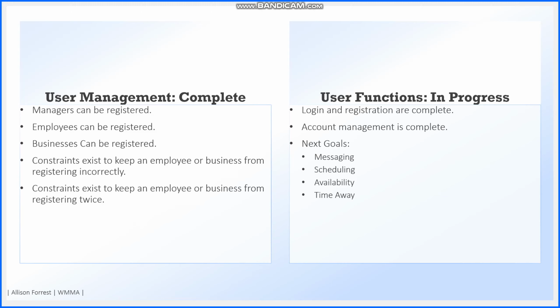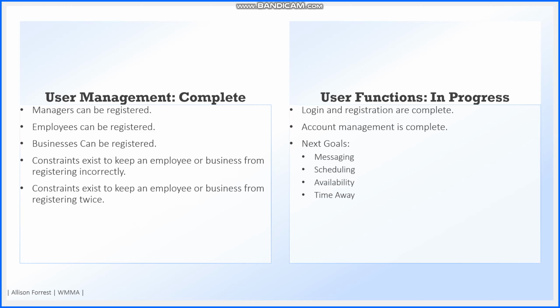Managers are registering both themselves and their business through the app. And then, of course, constraints exist both in the XML and the PHP files that make sure a business cannot be registered incorrectly and that it cannot be registered twice. Same goes for employees.